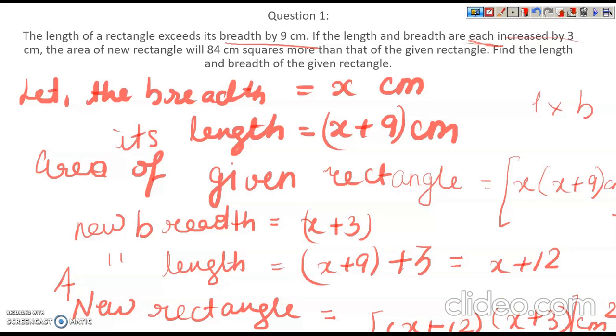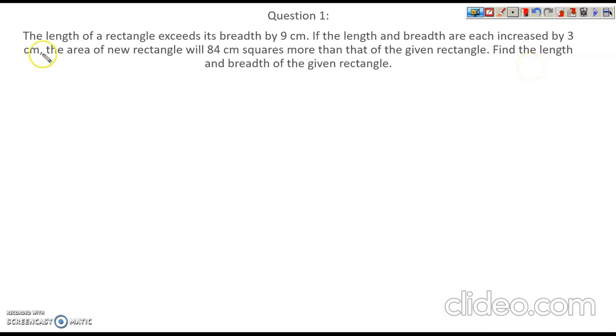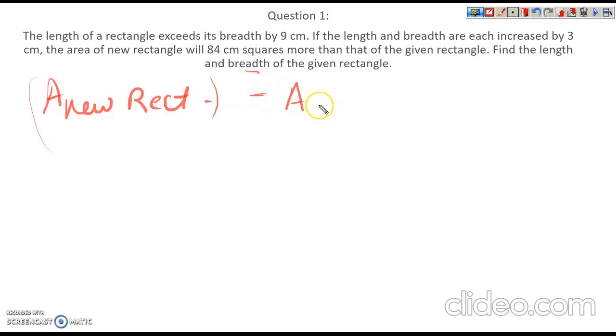Now, we will subtract the area of the given rectangle from the area of the new rectangle. I'm sorry, not triangle, rectangle.